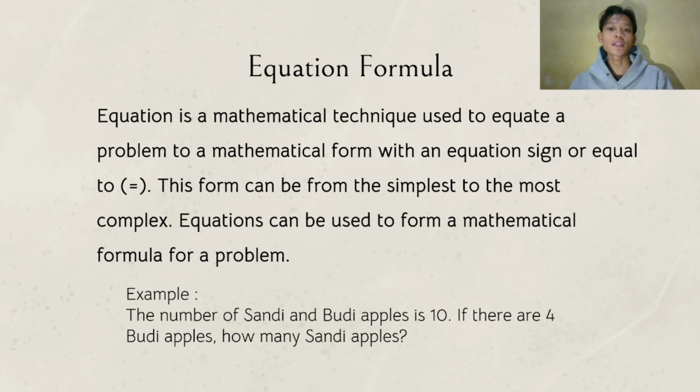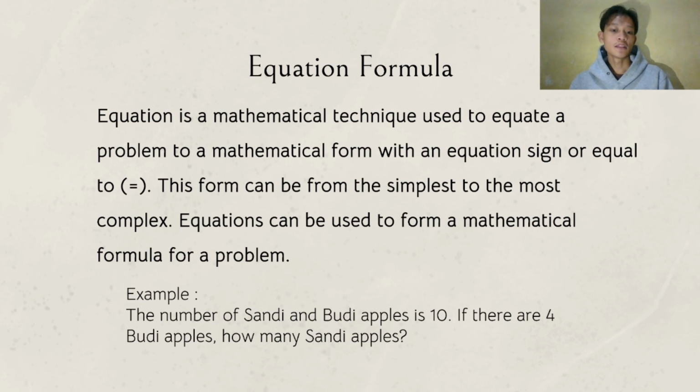An equation is a mathematical technique used to equate a problem to a mathematical form in which the equation sides are equal or equivalent. This form can be from the simplest to the most complex. An equation can be used to form a mathematical formula for a problem.